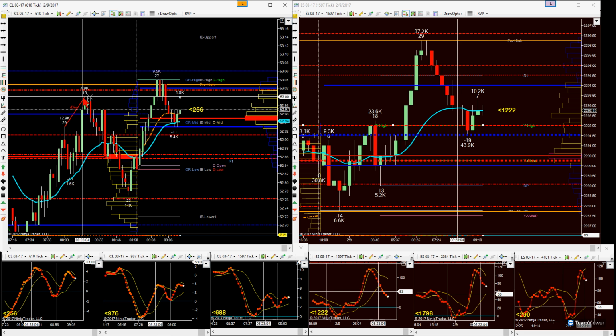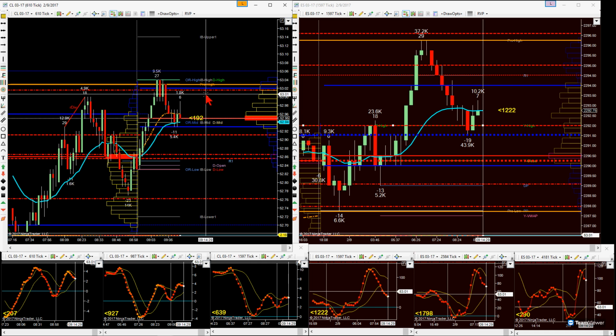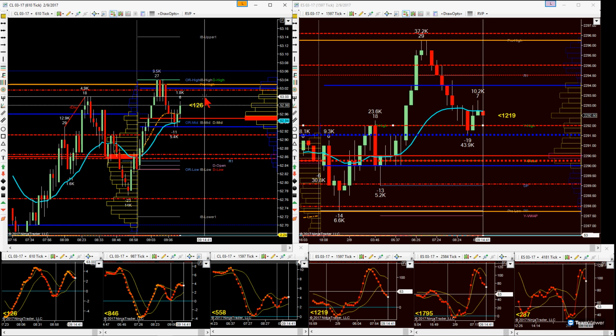Let's also focus here. We have this micro triple top. Should have been looking to get short. I just don't like that there isn't more divergence out of the 987 and 1597, so we're going to stay patient here.